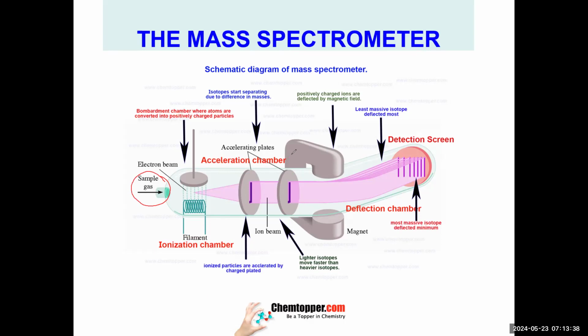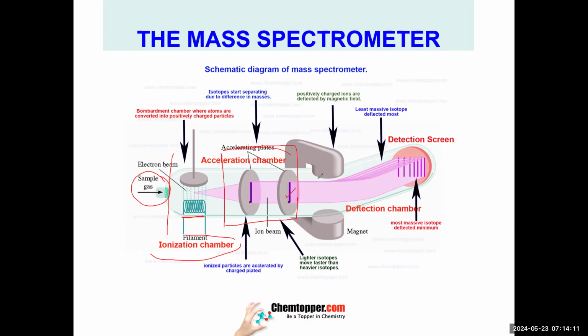Then what is happening in your ionization chamber? You are heating. There is a heater you can see, and you're bombarding it with an electron beam, and these atoms are getting ionized. Then what is happening in the acceleration chamber? You're using an electric field. These ions have the positive charge, so there is a negative electric field created here.